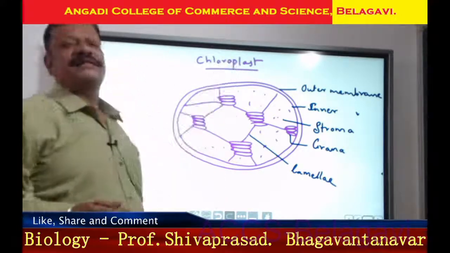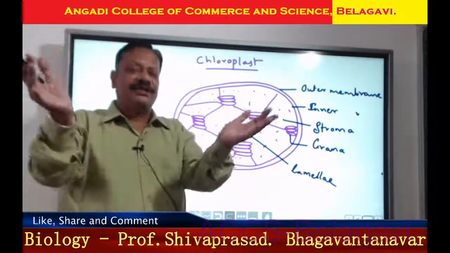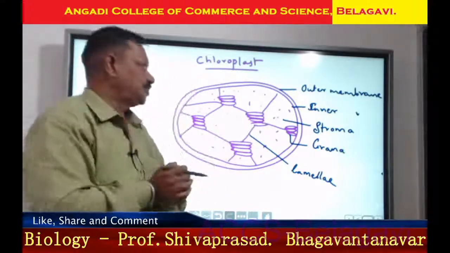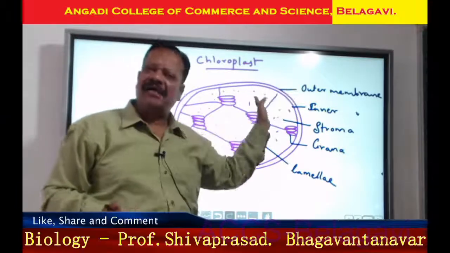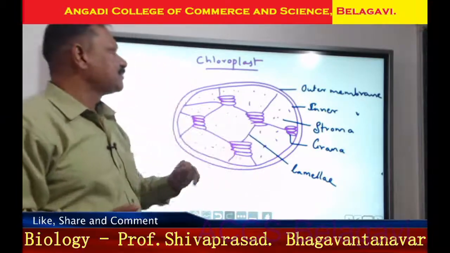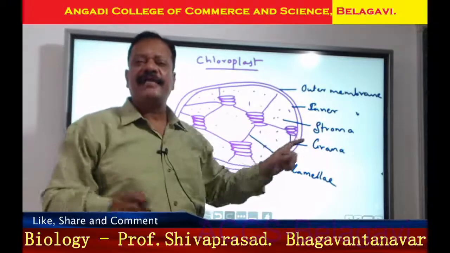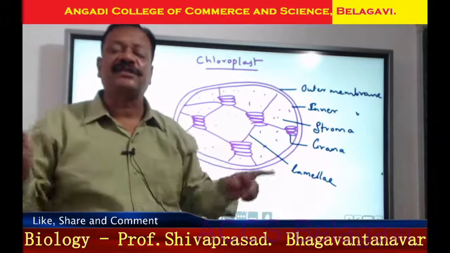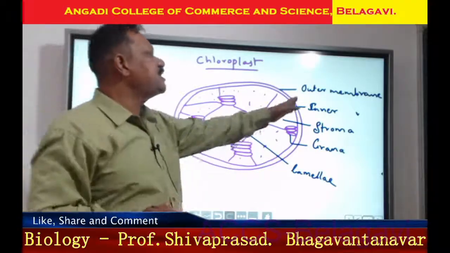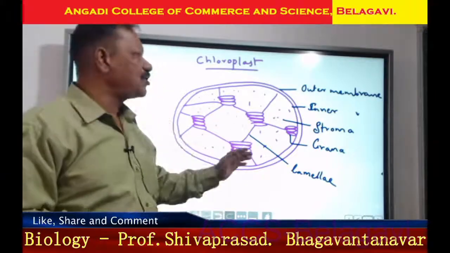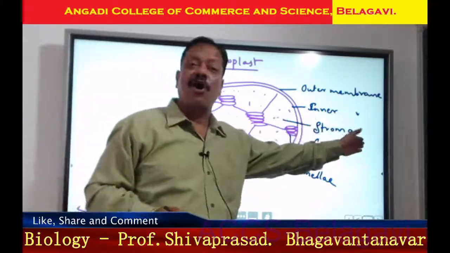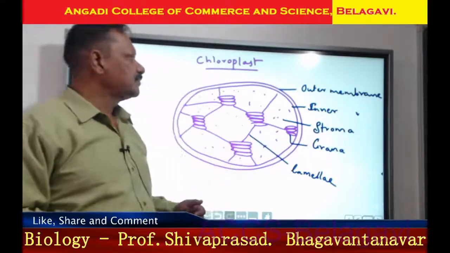This chloroplast is usually elliptical or egg-shaped, having two membranes, outer membrane as well as inner membrane. The outer and inner membranes are continuous and smooth. Inner to the inner membrane, it contains a fluid matter which you call matrix or stroma.